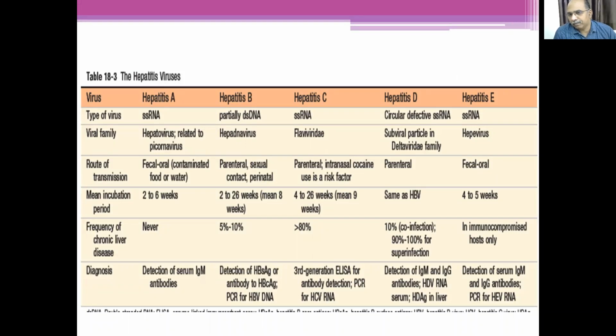Raju, can you tell me? Yes, sir. We test whether the person is a hepatitis carrier or not. For which hepatitis? Hepatitis B and C. Why don't we do hepatitis A, D, and E? Because they won't transmit through the blood.